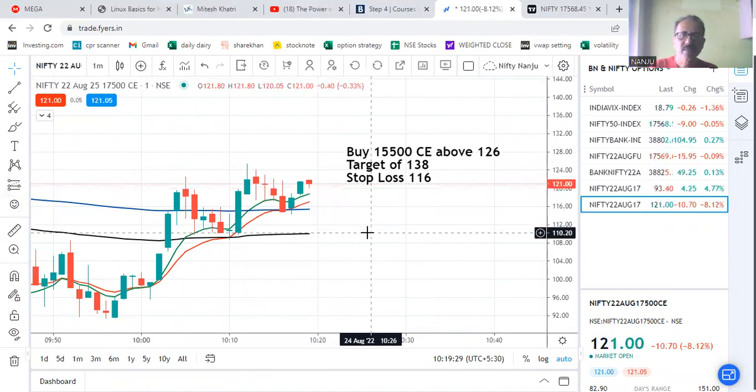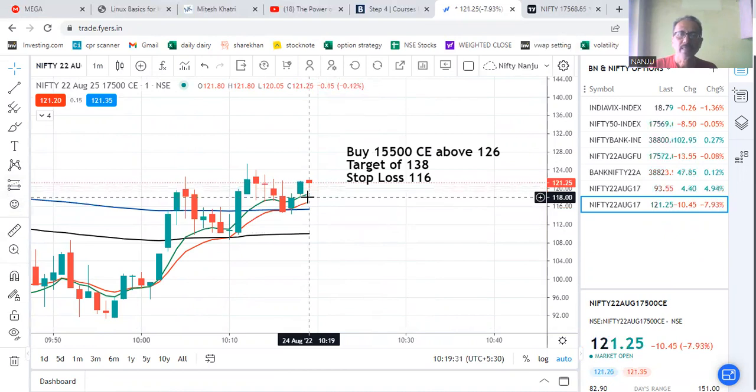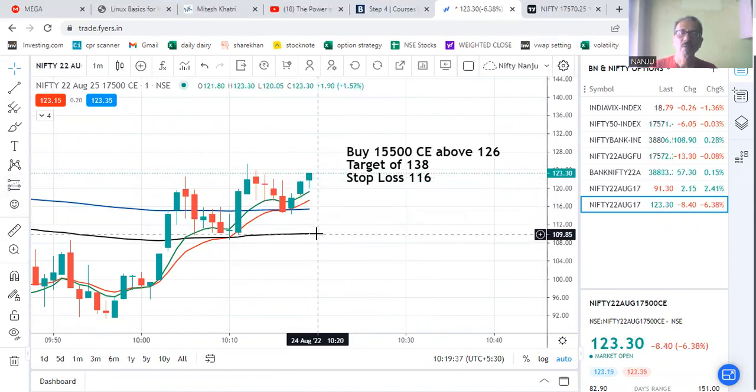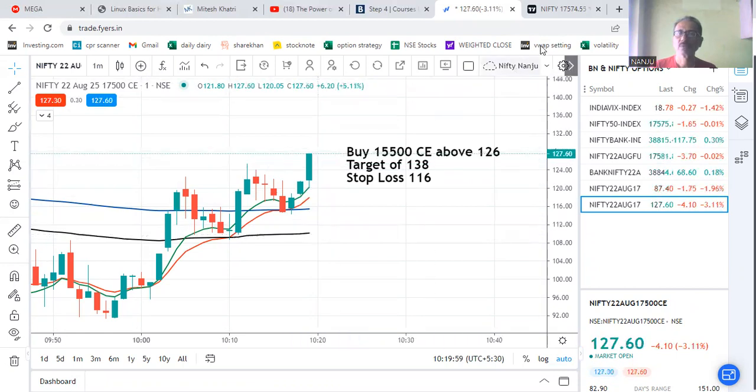Even here, we can see that the 8 EMA is above the 13 EMA and well above VWAP. 123, 124. I think my trade will be active. Still, my trade is not active. Yes, now it's active.